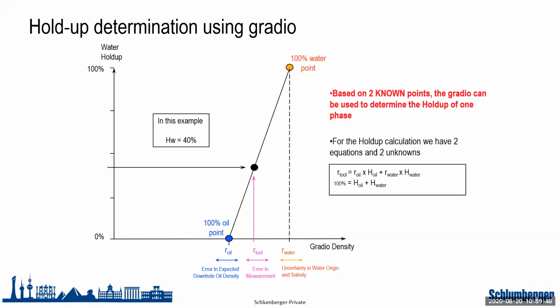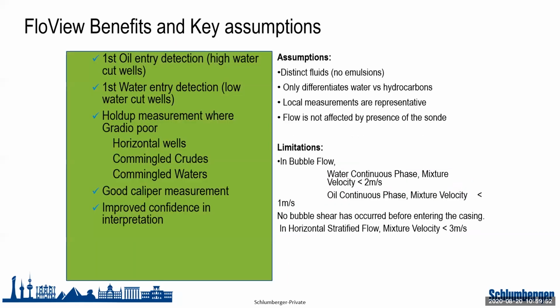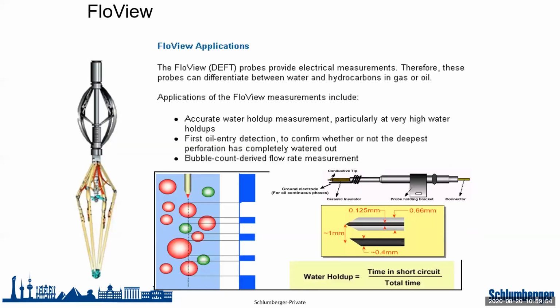Okay? Now, as I mentioned, sometimes we need more advanced hold-up sensors. One of the advanced hold-up sensors that we have is what we call the electrical probe. How is this electrical probe going to work? You see over here, there is the probe.